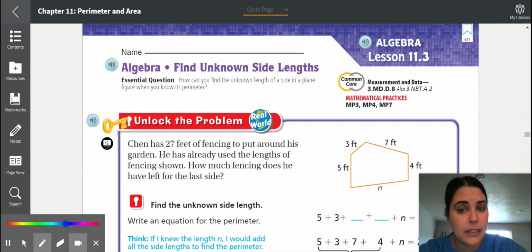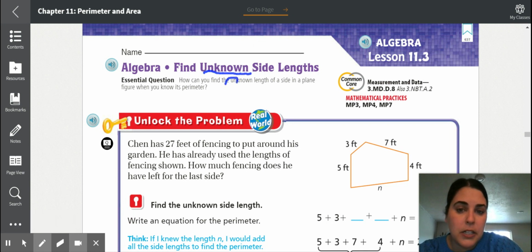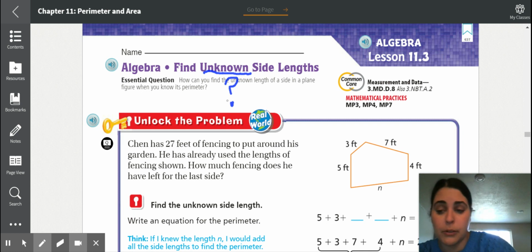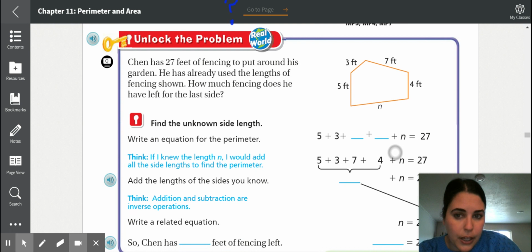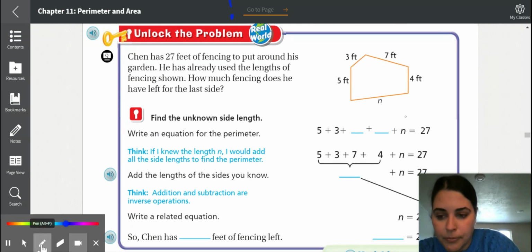But today's lesson is going to be what happens if there's one side where we don't have the number? How do we still find the perimeter? So that's when it says find the unknown. Unknown means we don't know that side of the shape, but we can still find the perimeter.